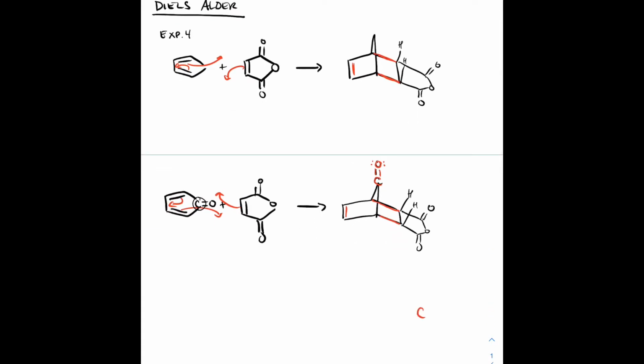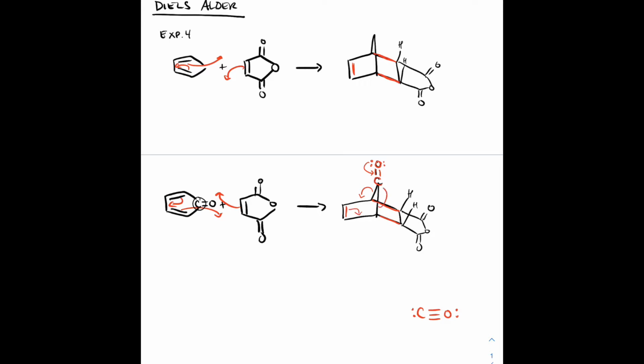So let's think about how we can extrude this carbon monoxide. Well, if we look at the Lewis dot structure of carbon monoxide, we see that it's a carbon triple bonded to an oxygen, as well as a lone pair on the carbon and the oxygen. Currently we have 2 lone pairs on the oxygen and none on the carbon.